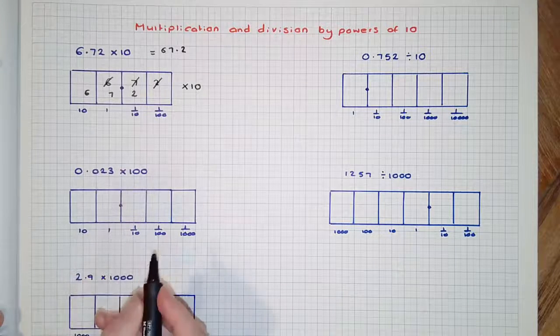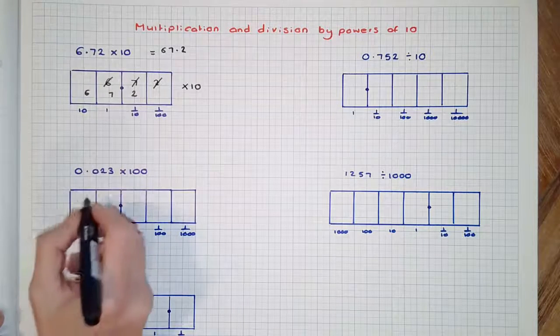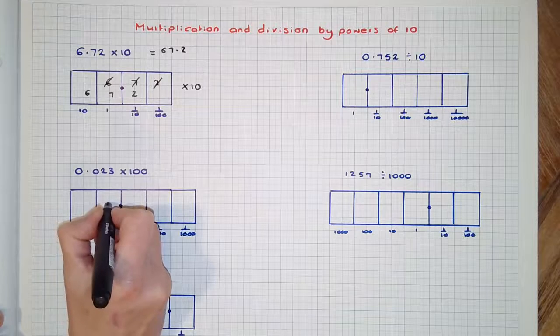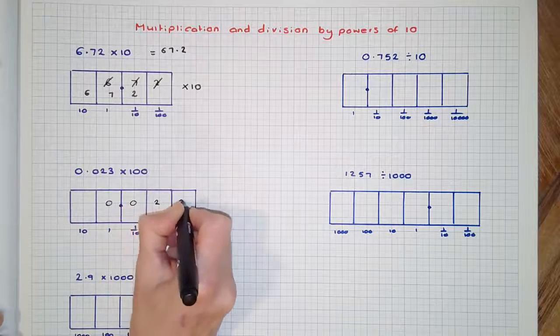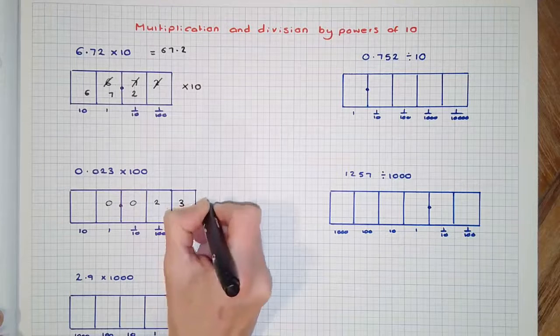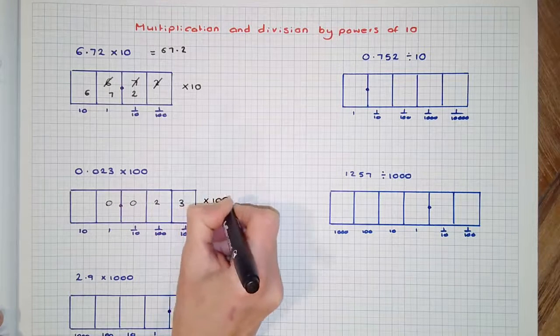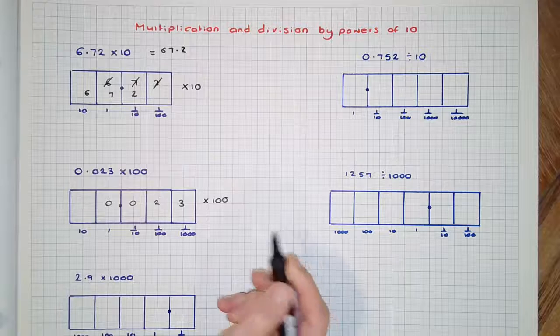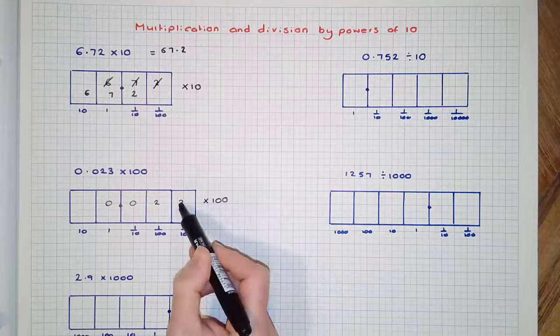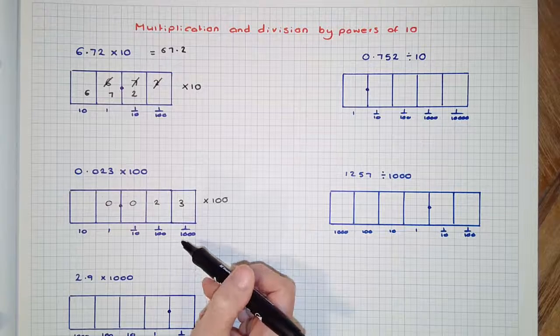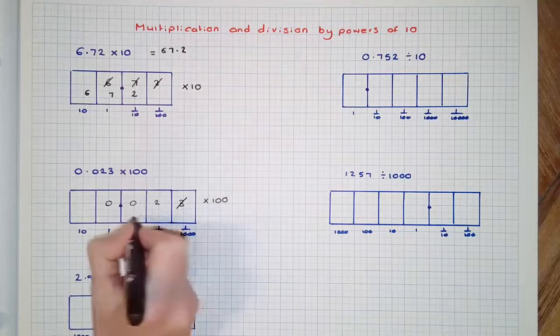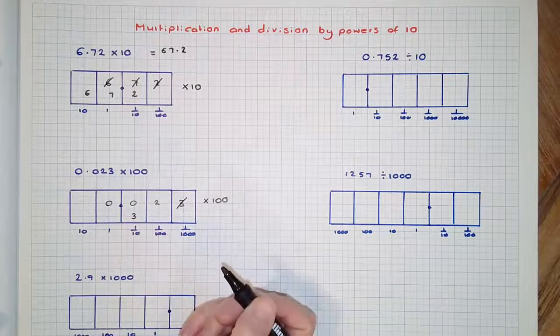0.023 times 100. Putting our first number, 0.023, and we're going to multiply each place value by 100. Again, we'll have 300 over 1,000, which would simplify to 3 tenths. So I'll move it into the tenths place value.